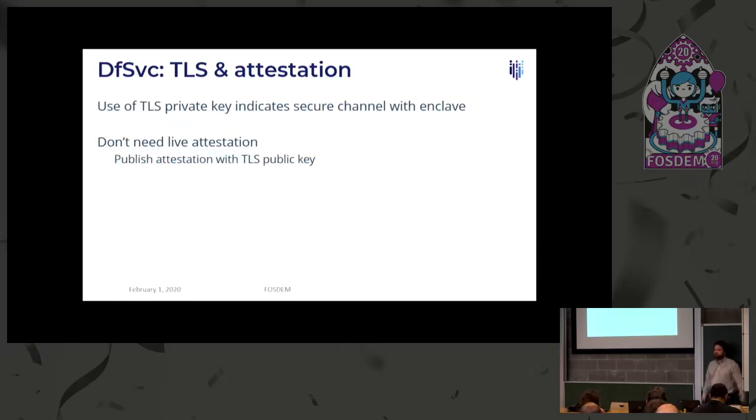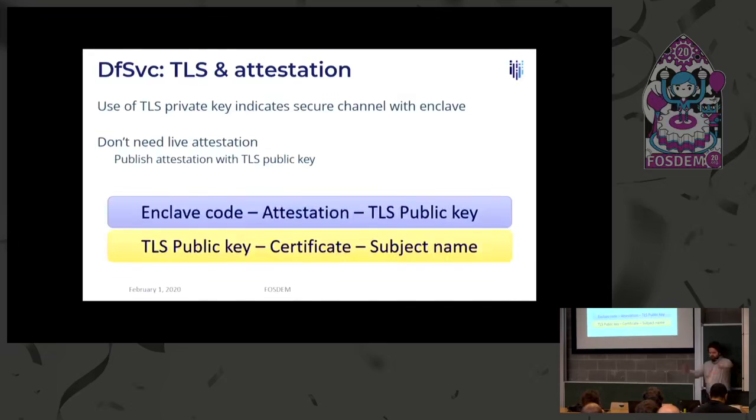So this makes life a whole lot easier because you don't have to write your own custom protocols to do security and things like that. Similarly to how a standard TLS certificate binds a subject name to a TLS public key, you can use an attestation to bind the public key to a piece of software. So now we have a binding all the way from subject name to the enclave, right?